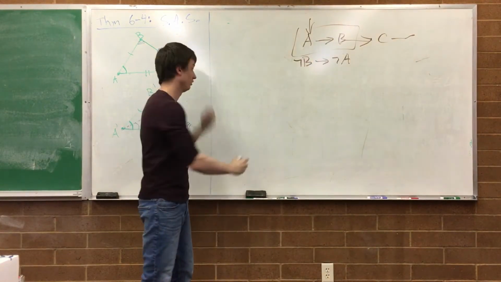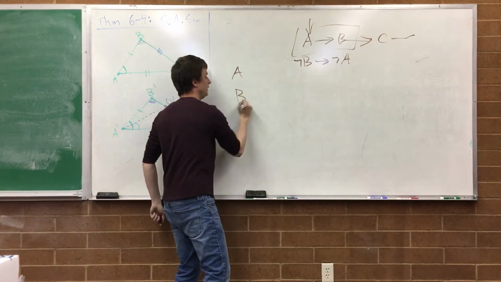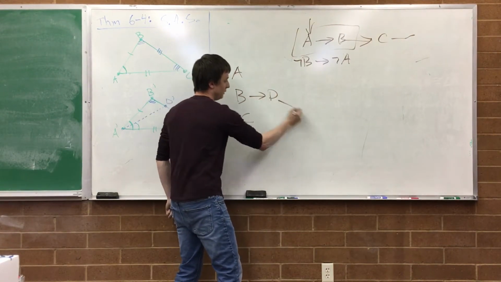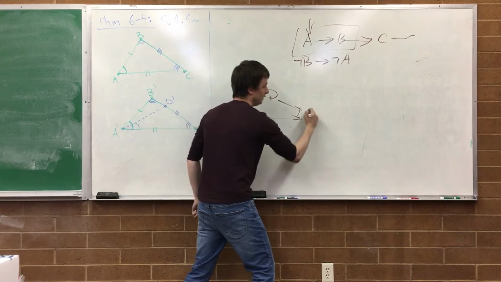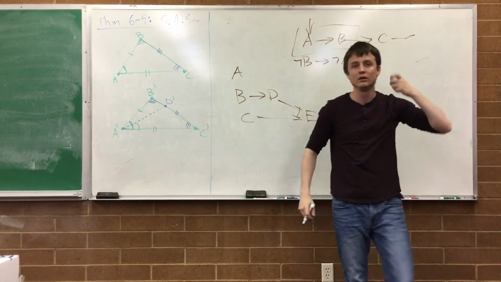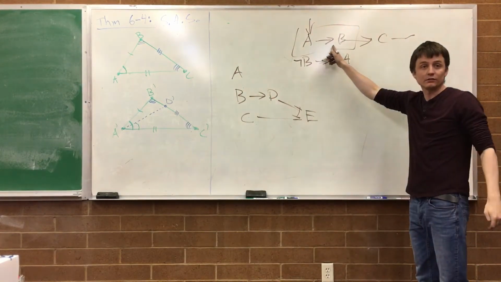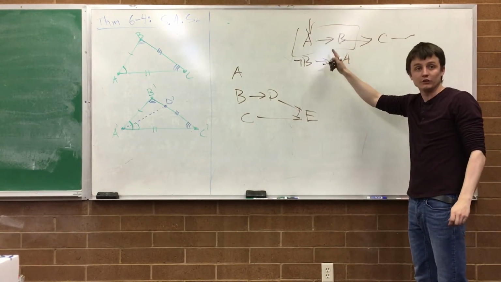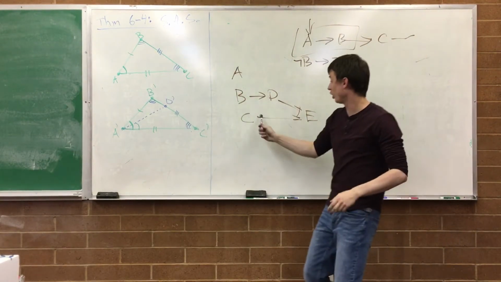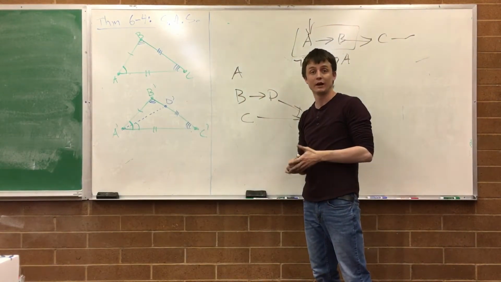Or we use combinations. If I have A, B, and C as postulates, I might use B instantly gives me D, maybe D and C together give me E, and I keep building out this big web of math. That's what we're doing. But we're always using deductive reasoning. We're always looking for the logical implication of what we're talking about.